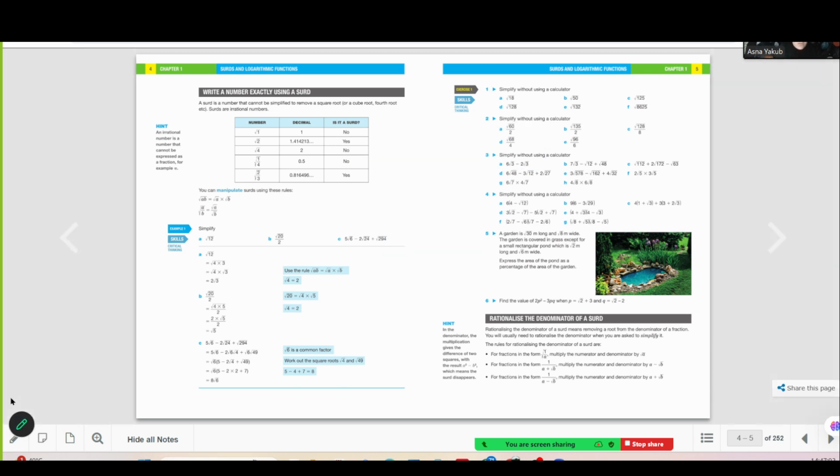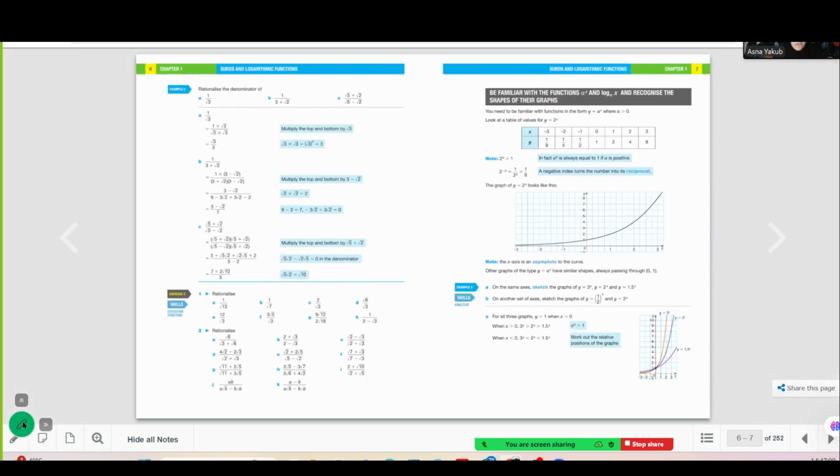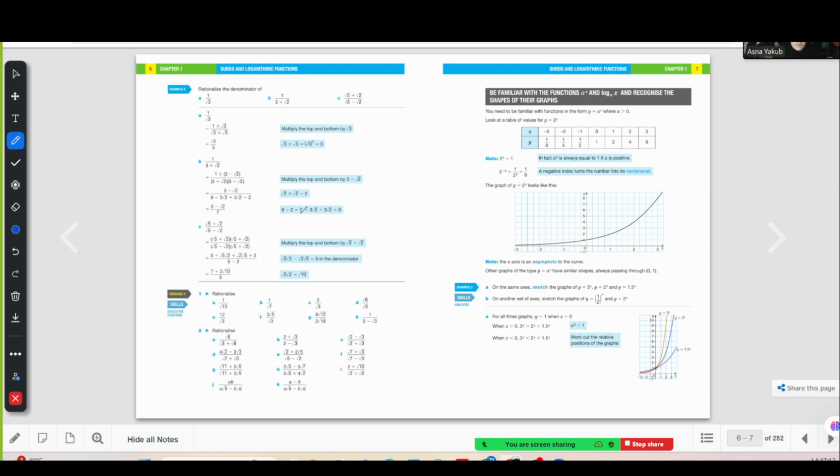Now, rationalizing the denominator. If our denominator has a square root number, we need to rationalize it. Rationalizing means we need to get rid of the square root in the denominator. For example, 1 over square root 3. In the denominator, we have a square root number, right?